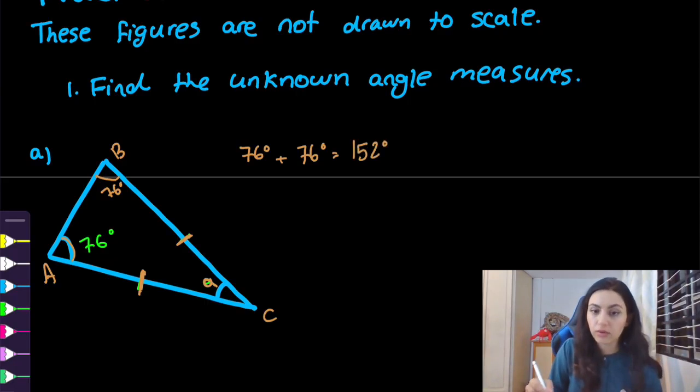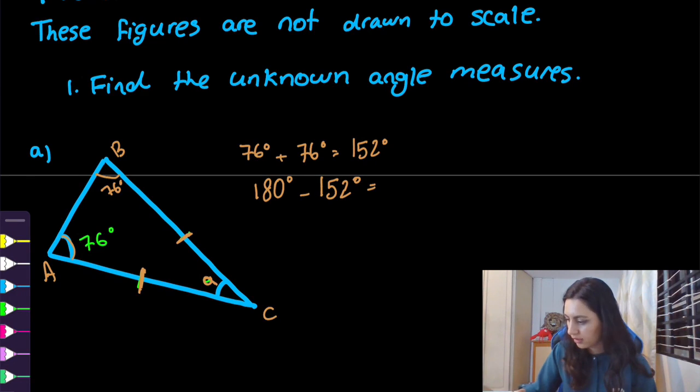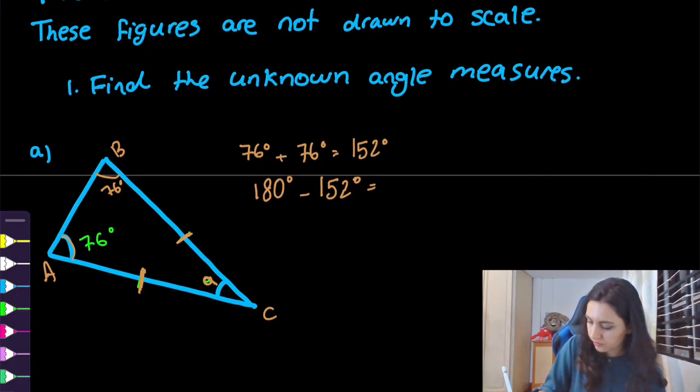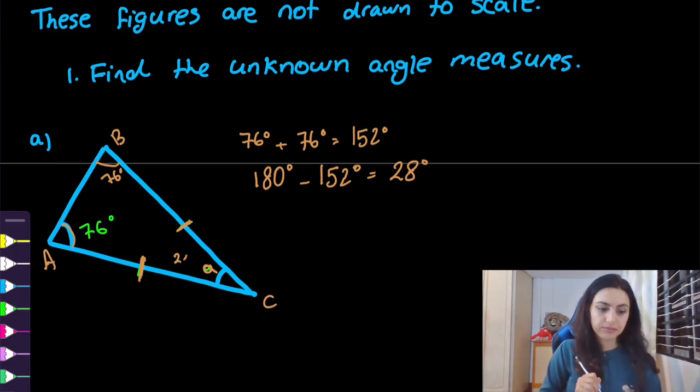And the total number is 180 minus 152, 28. That's it. Hopefully you got the same thing.